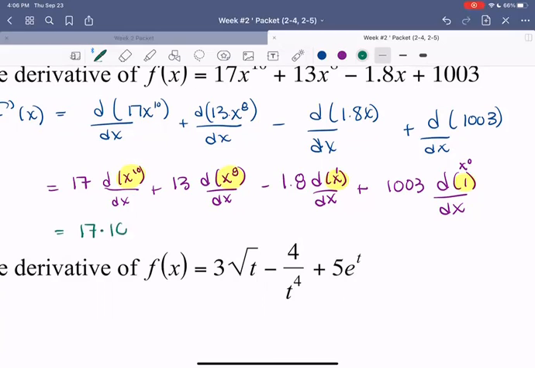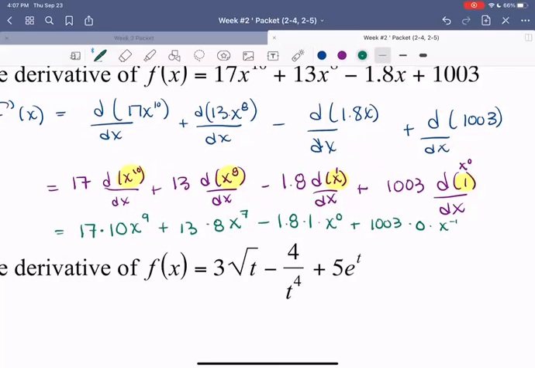We get 17 times 10 times x to the 9, since we need to subtract 1 from the exponent, plus 13 times 8 x to the 7, minus 1.8 times 1 x to the 0, plus 1003 times 0 times x to the negative 1.